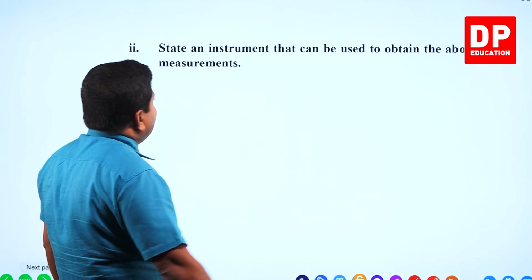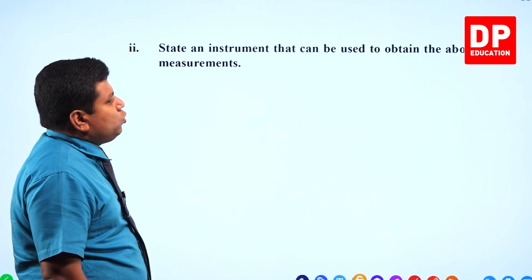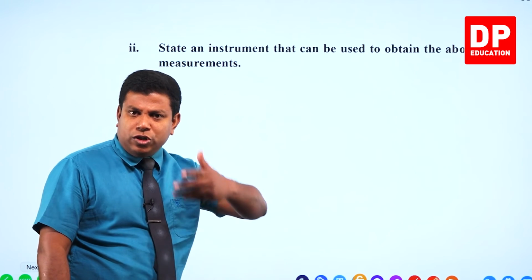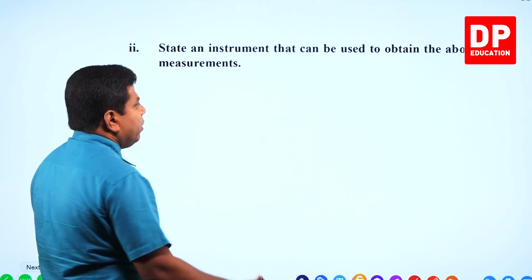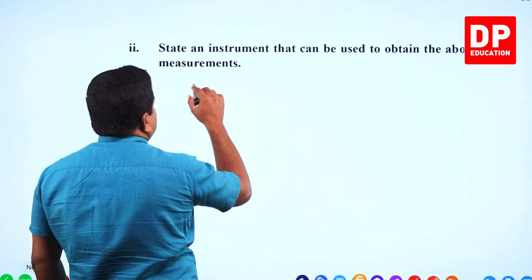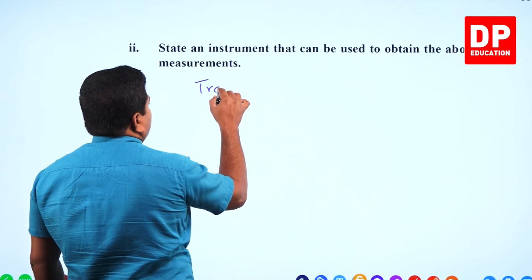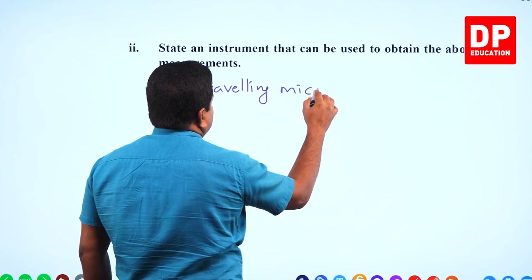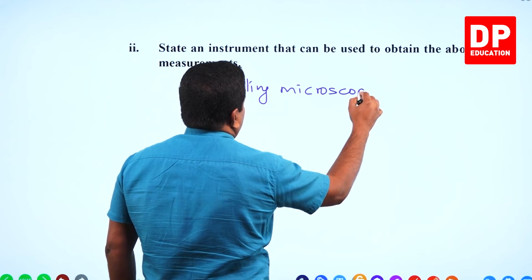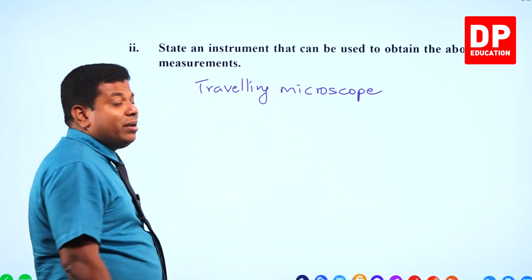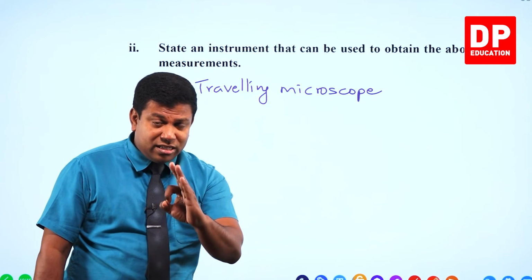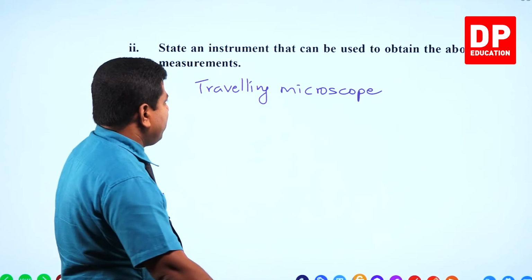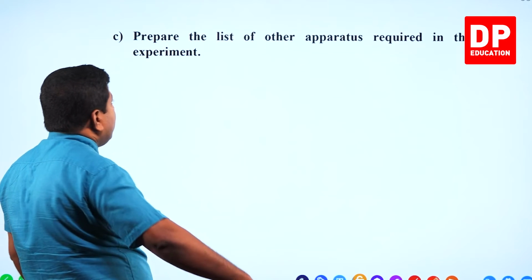Next, state an instrument that can be used to obtain the above measurements. The instrument that you can use here is traveling microscope. I did not show how the readings were taken, but I mentioned several times traveling microscope is what we use to measure this.